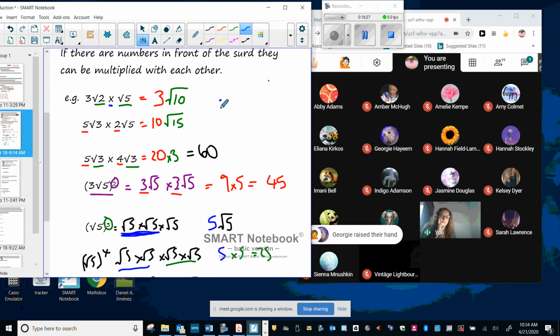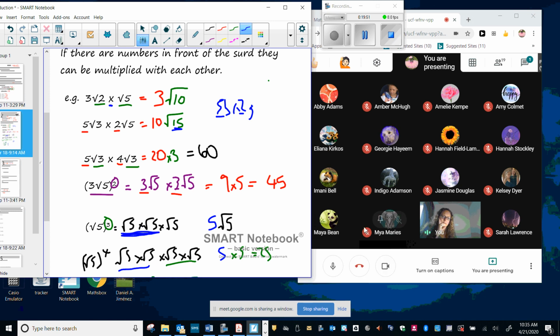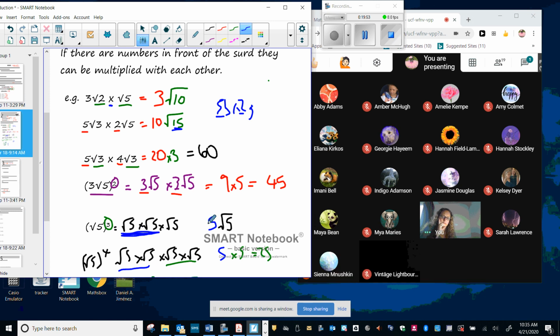It's like having 5b multiplied by 2g, we would have 10bg. They just go next to each other. But if we had 5c multiplied by 4c, we would have 20c squared. So that's why it's a little bit different when they're the same thing. Okay?